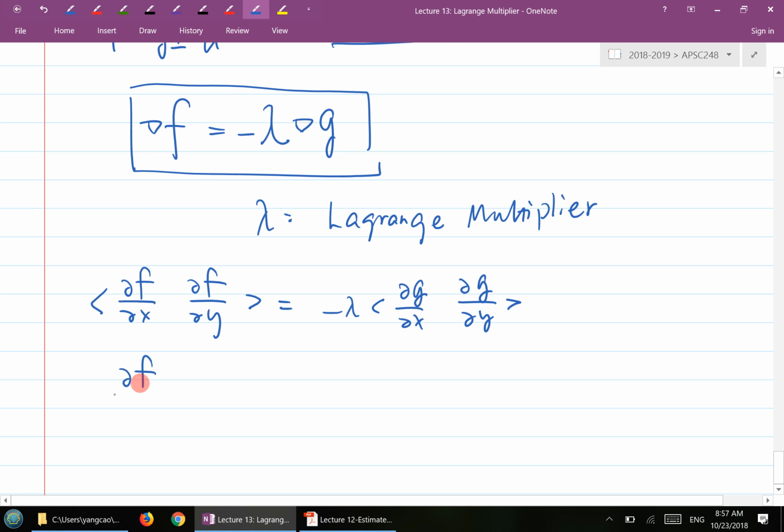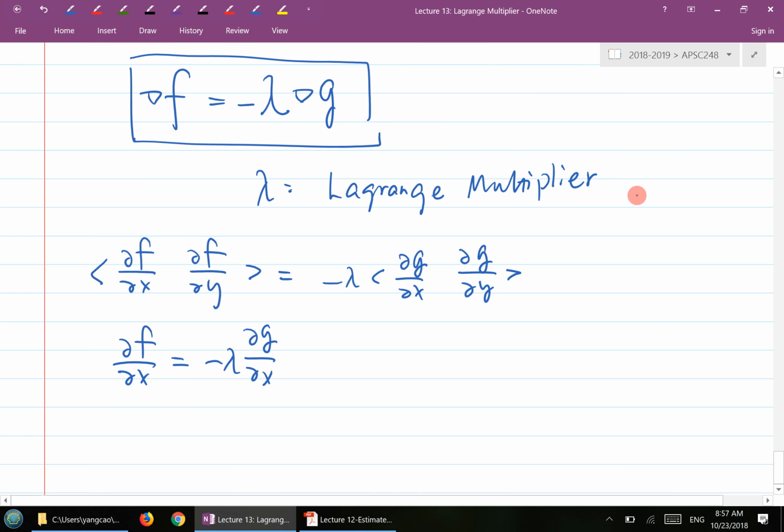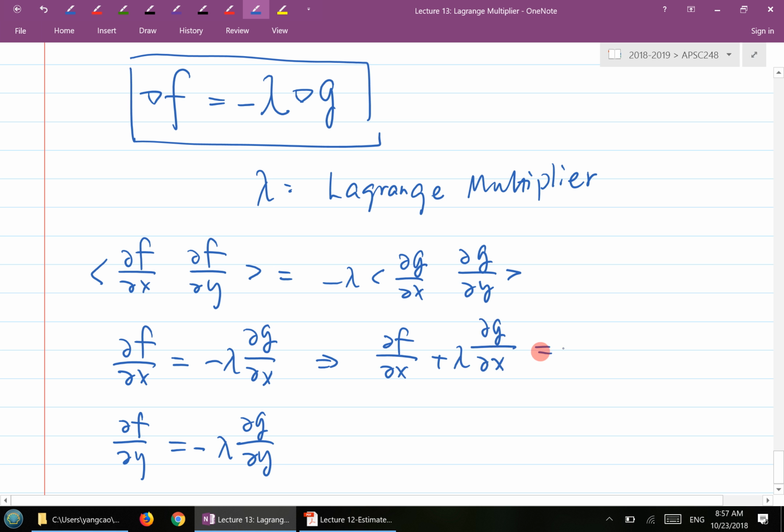So that gives us partial f over partial x equal to negative lambda times partial g partial x, and then partial f partial y equal to negative lambda partial g partial y. So I'm going to move everything to the left side, and we get partial f over partial x plus lambda partial g partial x equal to 0, and then partial f partial y plus lambda partial g partial y equal to 0.